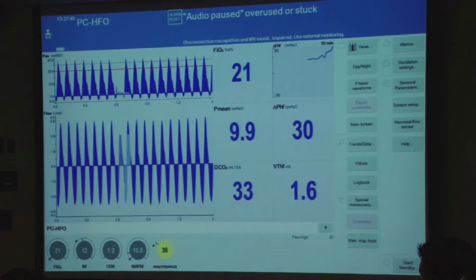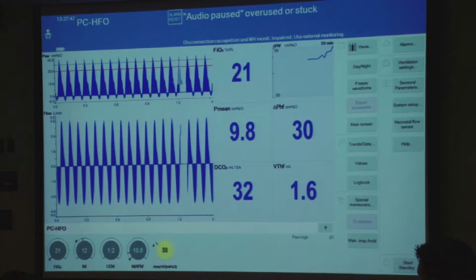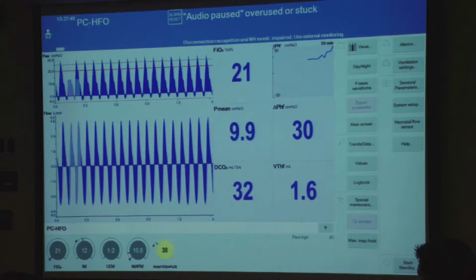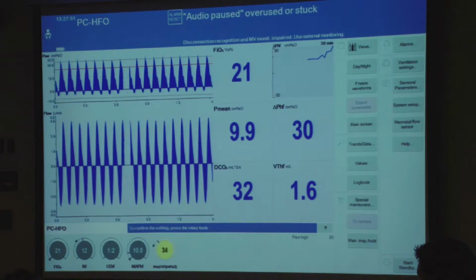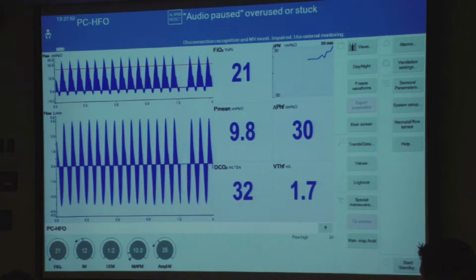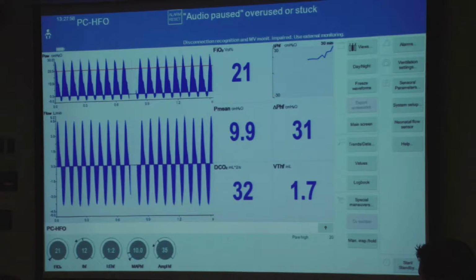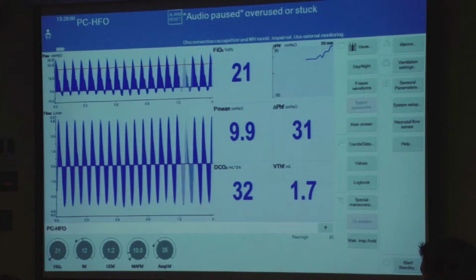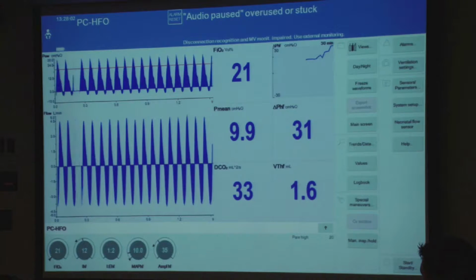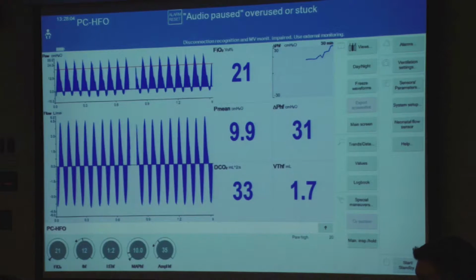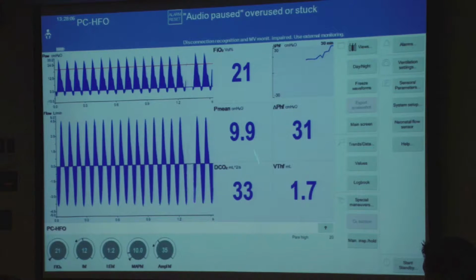But let's try to increase and see what the upper limit here is. Let's go to 35. So now we maxed out, but at 31.